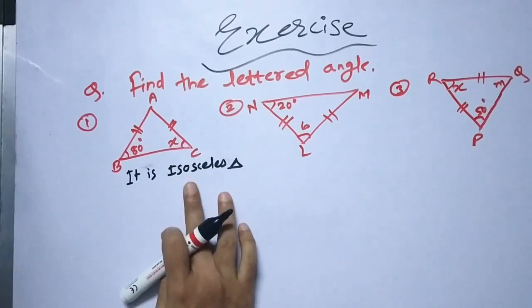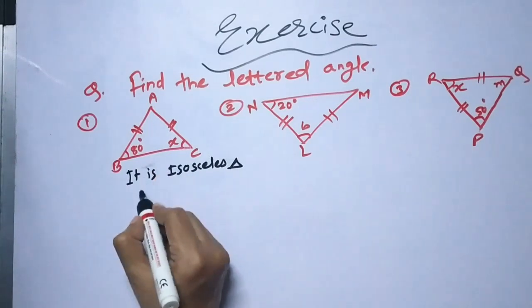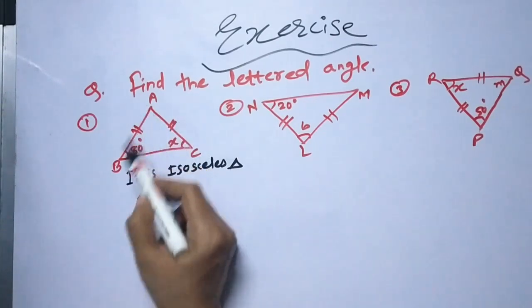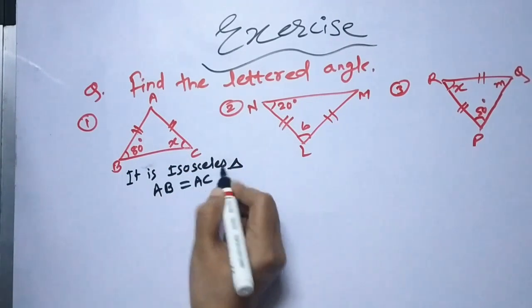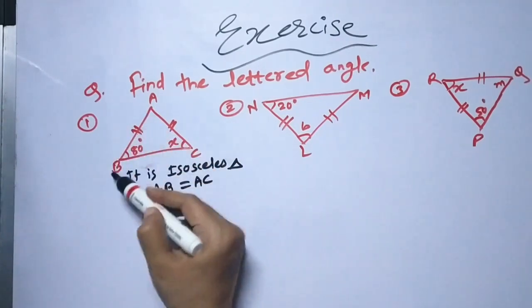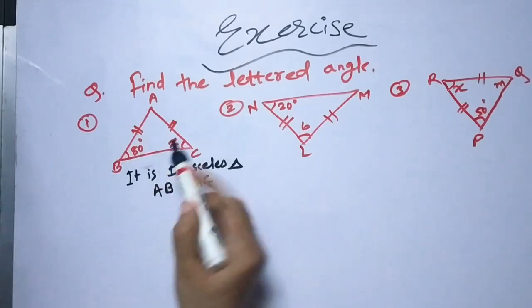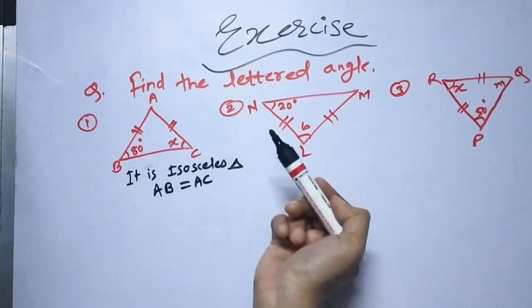So now the equal sides are AB equal to AC. It is given in the diagram itself. AB side is equal to AC side. So now the opposite angles are also going to be equal.